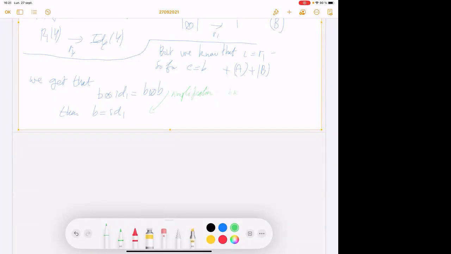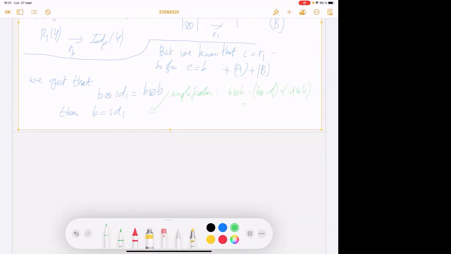So B tensor B is equal to B tensor ID composed with ID tensor B. ID1. So it's equal to. Then you simplify your identity with the other, you get the identity. So B tensor B equal that.